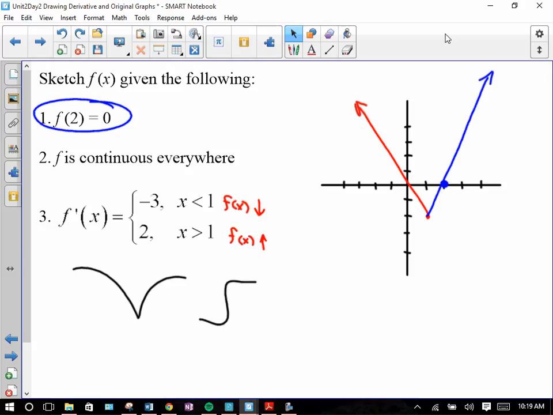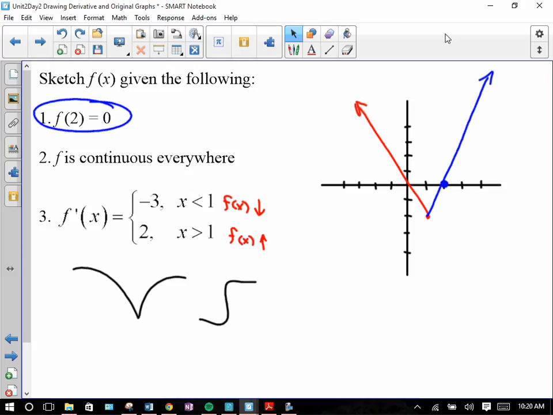Is this cusp made up of two linear lines? No, the slope of this function right here will not always be -3. It's telling us that the slope is always -3 and 2. So it can't be that.